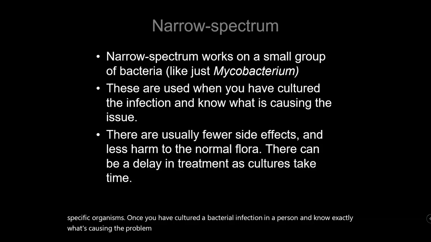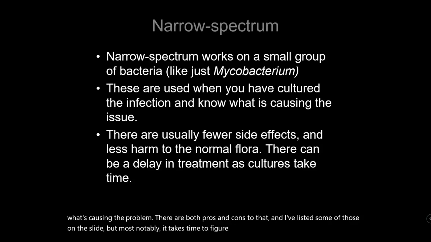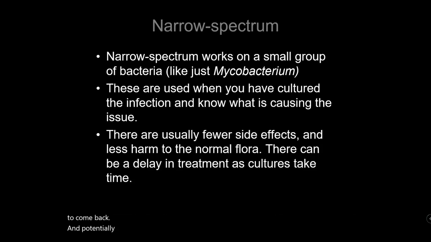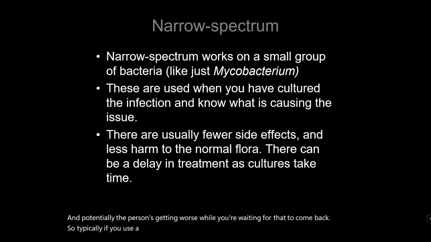There are both pros and cons to that, and I've listed some of those on the slide, but most notably, it takes time to figure out exactly what's causing the infection in a person, and so that infection is still happening while you're waiting for the cultures to come back, and potentially the person's getting worse while you're waiting for that to come back. So typically, if you use a narrow spectrum, that treatment gets delayed while you're waiting to find out exactly what's causing the infection.